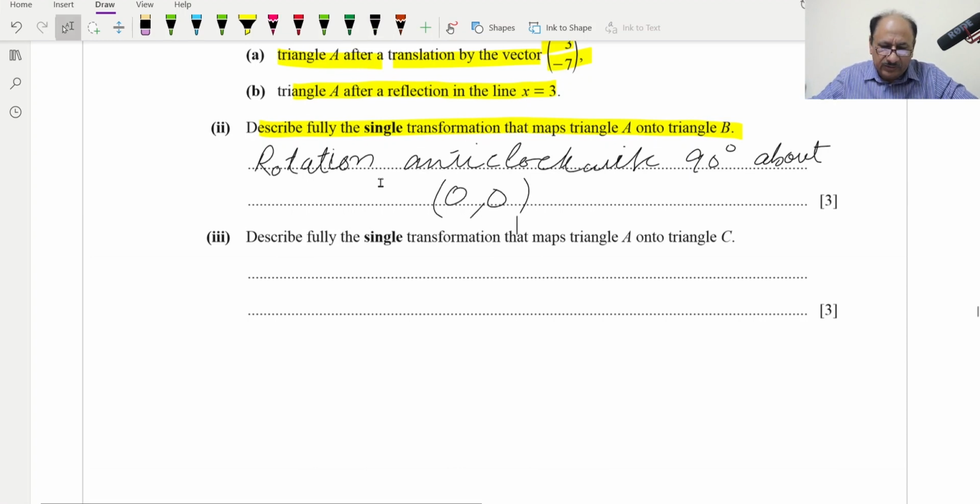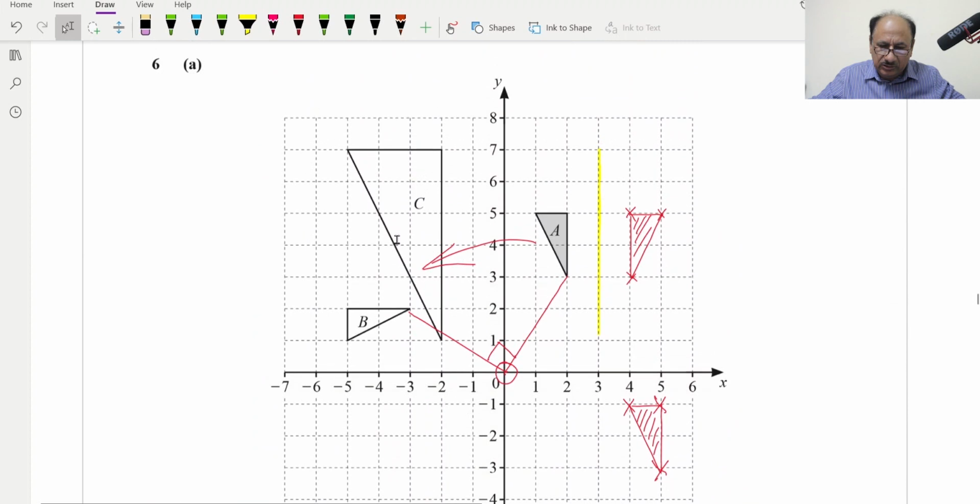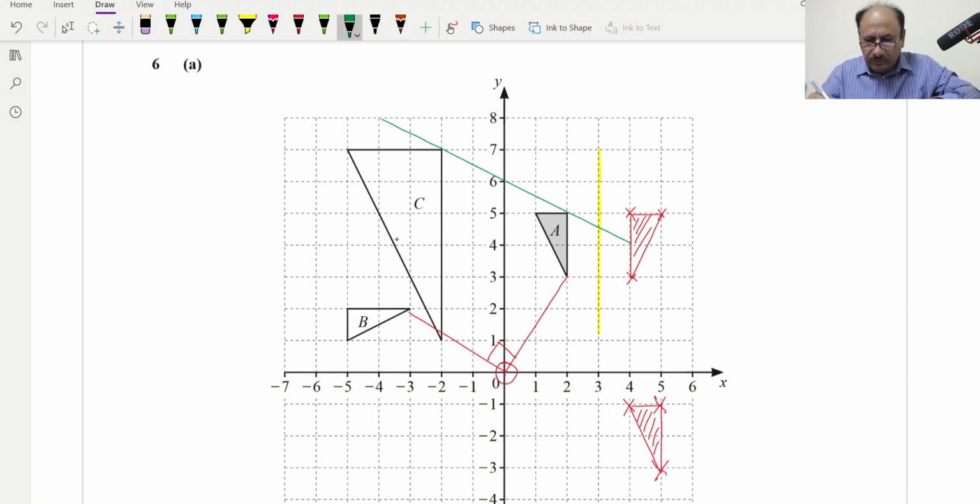That's all. Then describe fully the single transformation that maps A onto C. A onto C. For A onto C, I'll erase this arrow, and I will draw A onto C. So this line, and then we can draw this line as well, and then the third vertex also we can join for both the triangles.